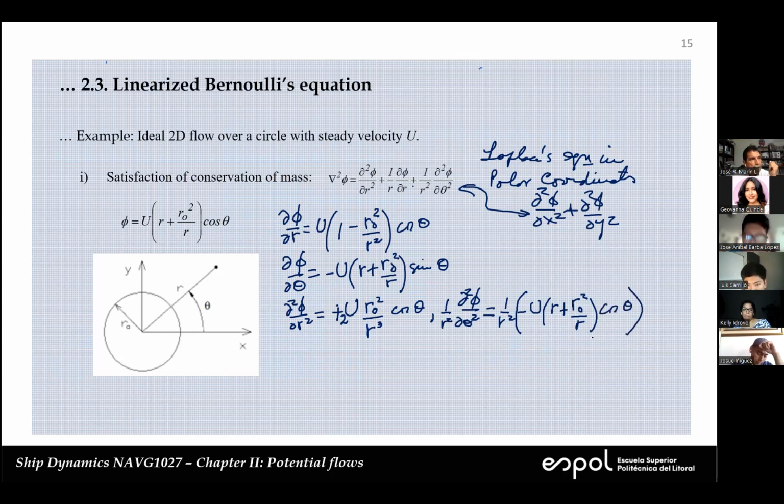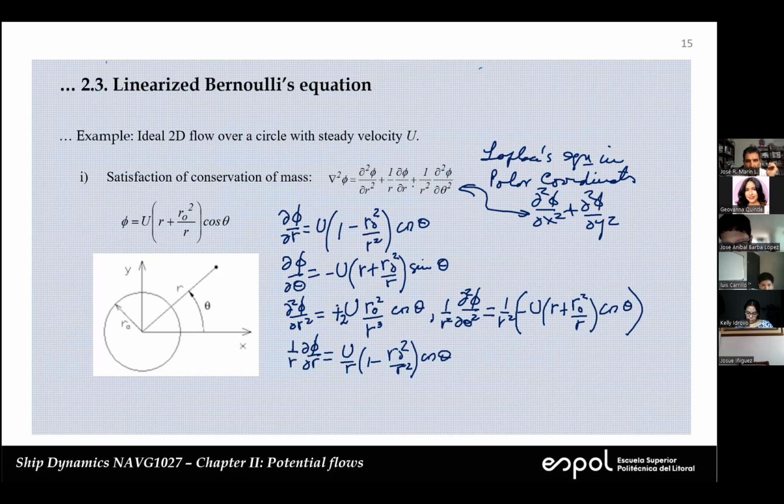There. So we have that, and we're missing this term here. So we have 1 over r times the phi dr, which is going to be U over r times 1 minus r0 squared over r squared, cosine theta. So you have to combine these three terms, and they have to check that they are indeed 0.